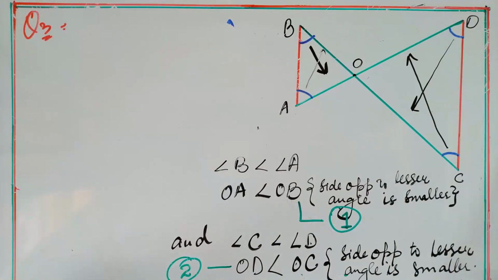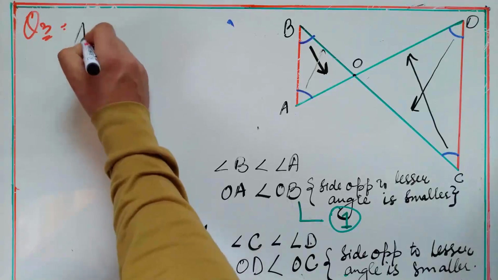Now what I will do is I will add my first and my second. So first was OA is lesser than OB, and second was OD is lesser than OC. So when I add them, left hand side will get added to left hand side and right hand side will get added to right hand side. That means OA and OD will get added.